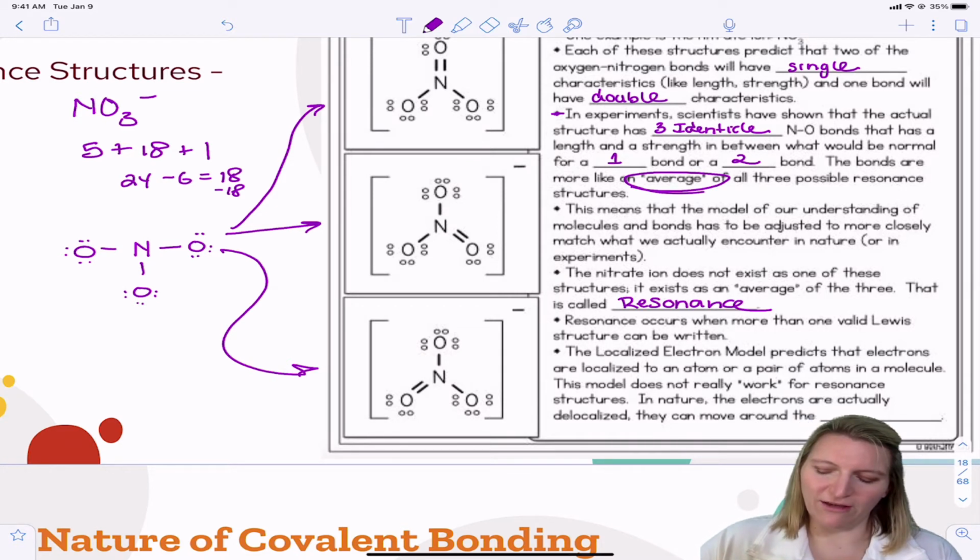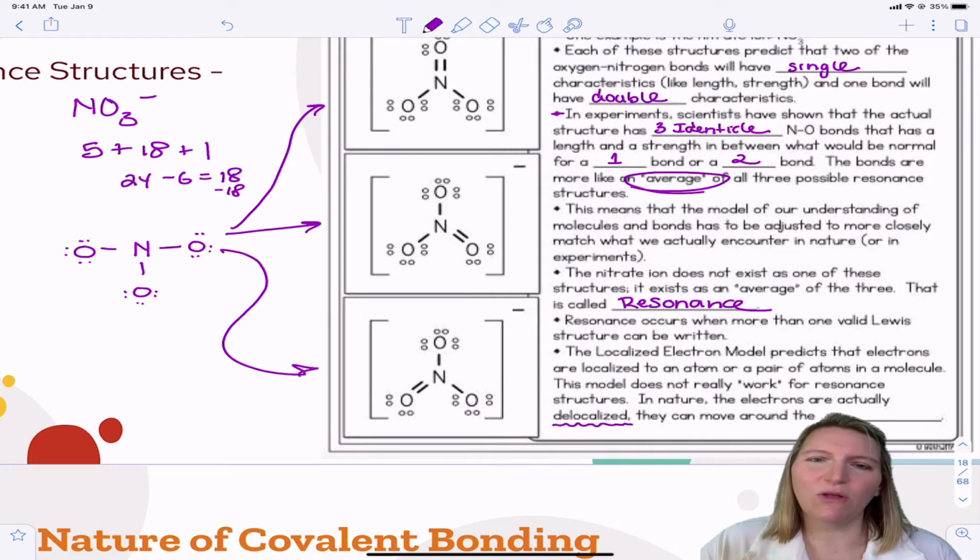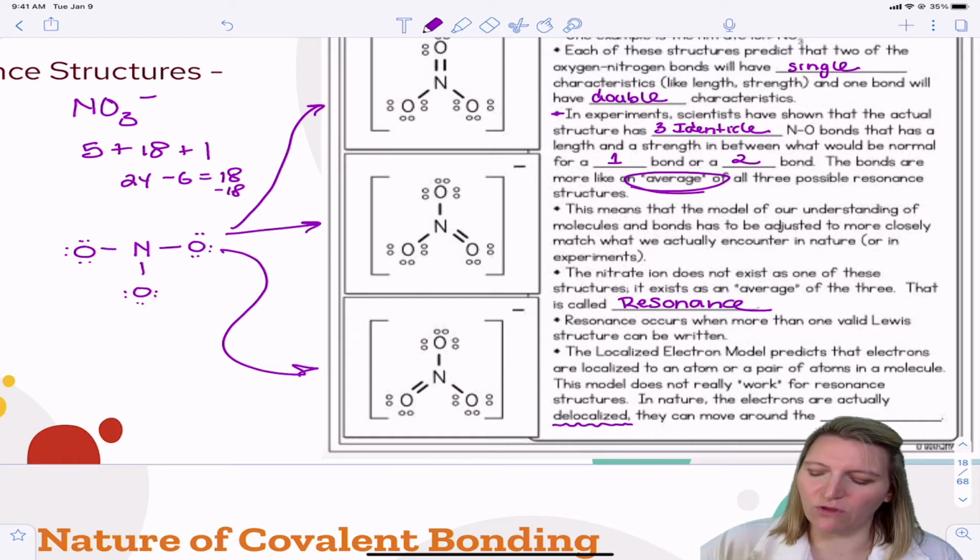In nature, the electrons are actually delocalized. We saw delocalized electrons when we looked at the structure of metals, where the electrons were in an electron sea. These electrons are similar to that because they can move around the whole molecule.